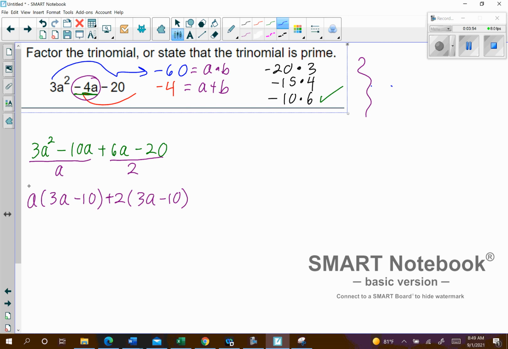And then from here, I like to put an extra set of brackets here, you don't have to, but it kind of helps with the concept that now I'm going to factor this out. I'm factoring this outside the brackets right here. So I factor out 3a minus 10, and what's left behind is the a plus 2 that's inside these brackets I have here.